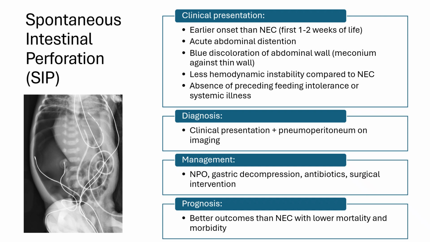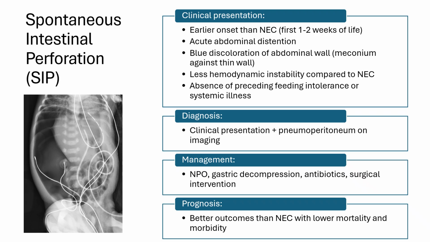The diagnostic approach relies primarily on clinical presentation combined with radiographic evidence of pneumoperitoneum. The presence of free air in the peritoneal cavity confirms intestinal perforation, but distinguishing between SIP and perforated NEC may require surgical exploration and histologic examination.